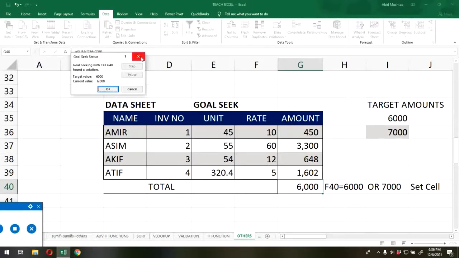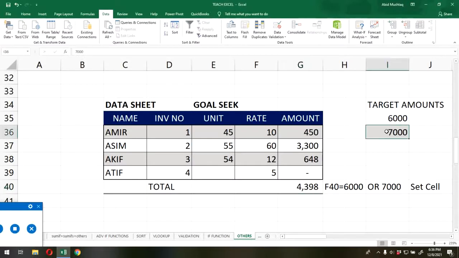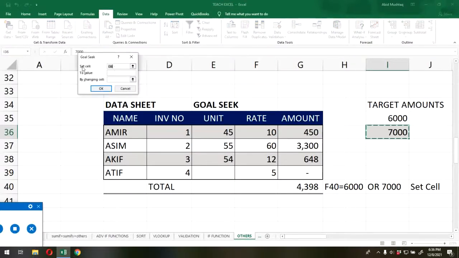Now another way, I'll tell you how. I need an amount of rupees 7,000, which must be the sum of all the amounts here. Then again I will go to the data, and then what if analysis, and then goal seek. I need a set cell.